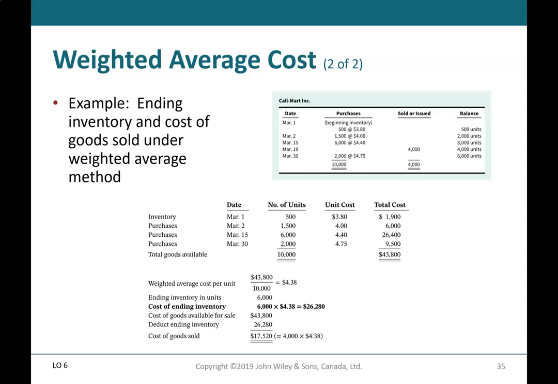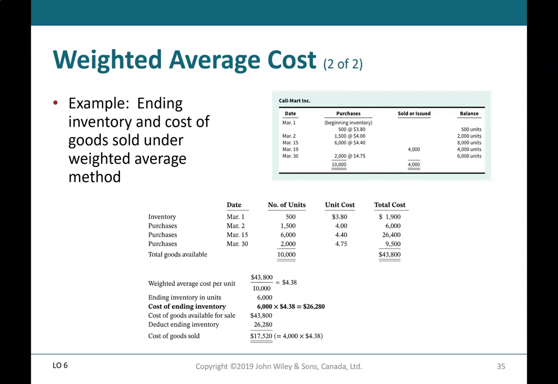Example, ending inventory and cost of goods sold under the weighted average method. So you have the total goods available of 10,000 and the total cost of 43,800. If you take the 43,800 and divide that by the number of units, 10,000, you get a weighted average cost per unit of 4.38.